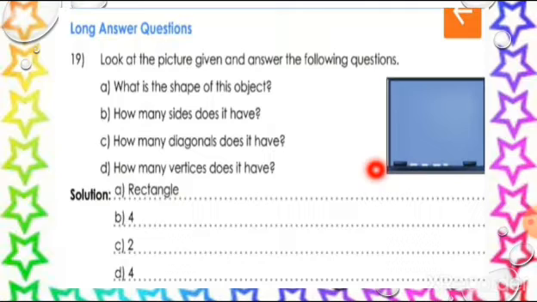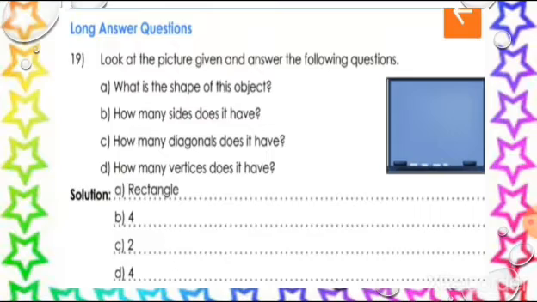So 4 sides. Now how many diagonals does it have? 1, 2. We can draw 2 diagonals here. So you can write the answer 2 here. How many vertices does it have? So 1, 2, 3 and 4. So 4 vertices it has.